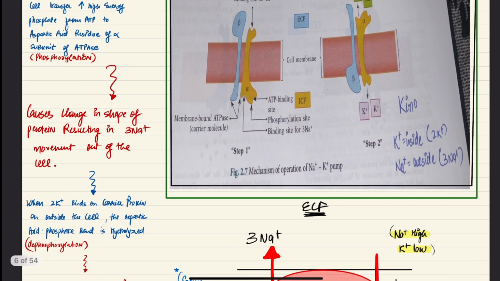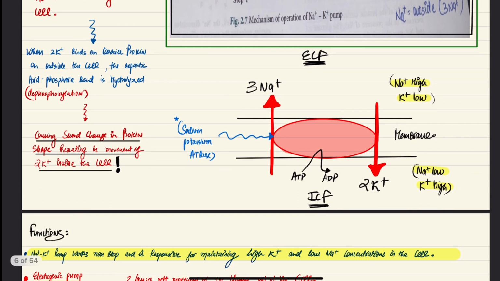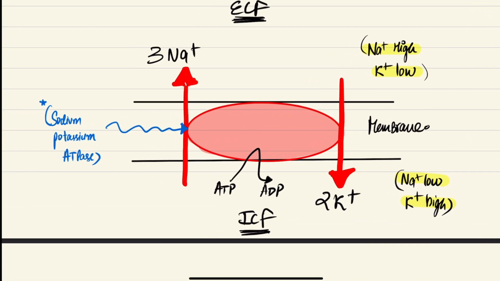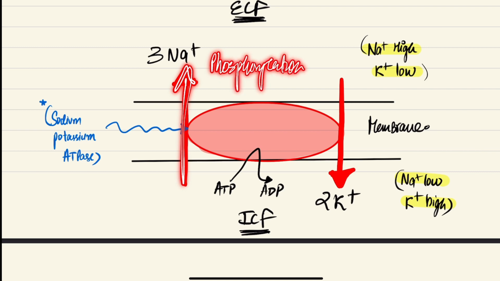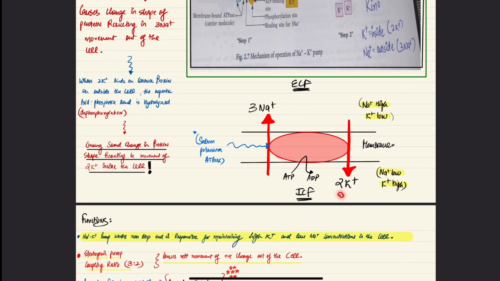After that, 2 K plus bind to the external surface and the aspartic acid bond gets hydrolyzed, so dephosphorylation occurs, causing a second change in the protein shape, resulting in 2 K plus movement inside the cell. So this is the rough diagram. 3 Na plus will move outside when phosphorylation occurs, and 2 K plus will move inside when dephosphorylation occurs.